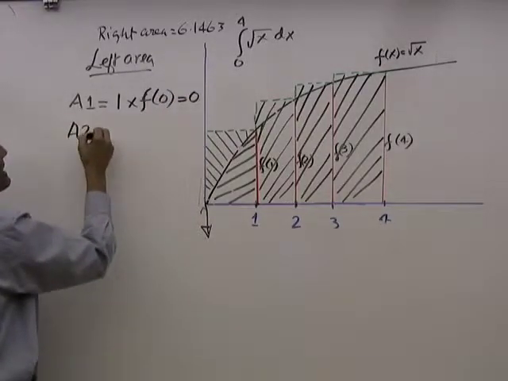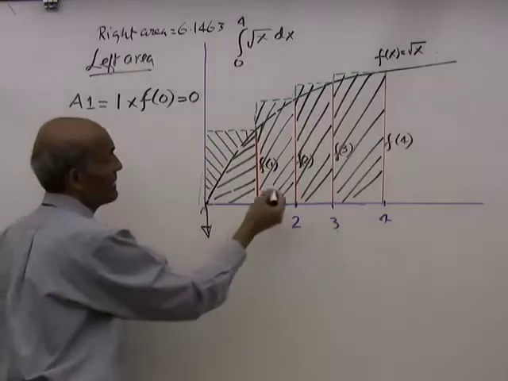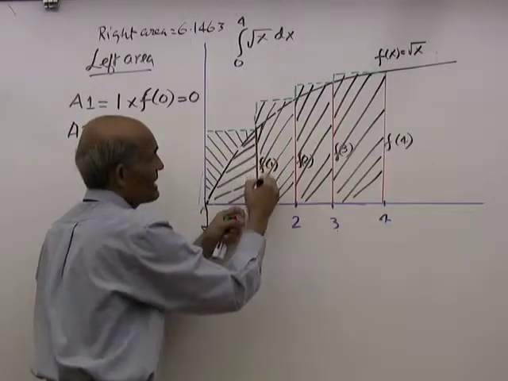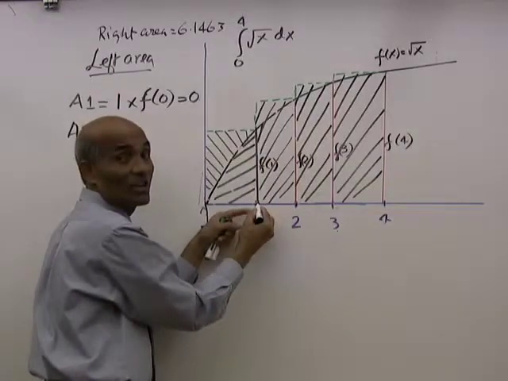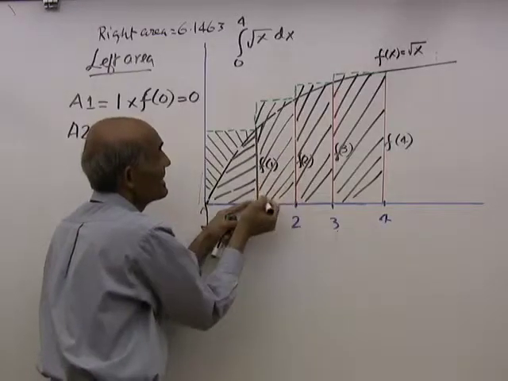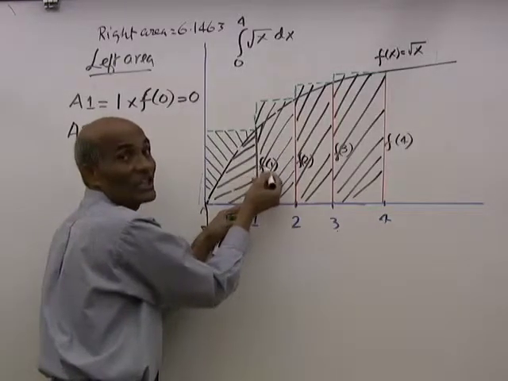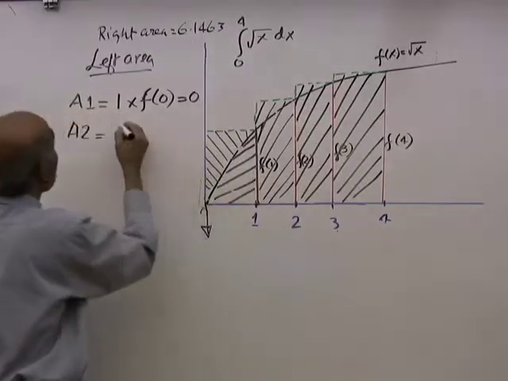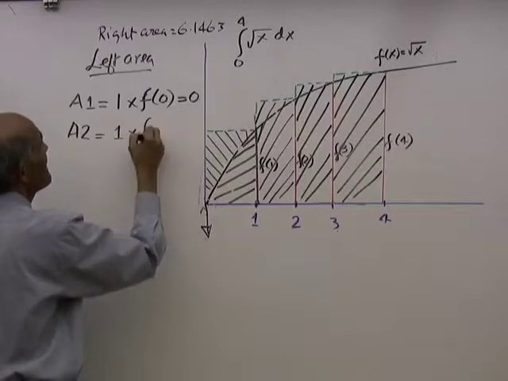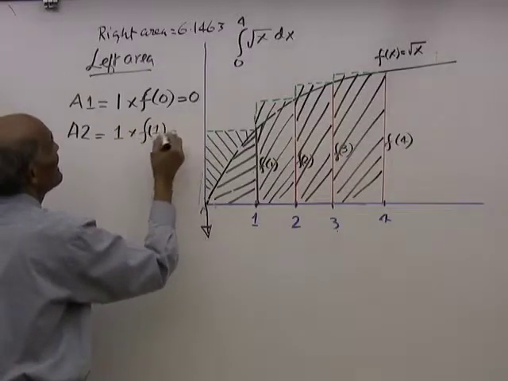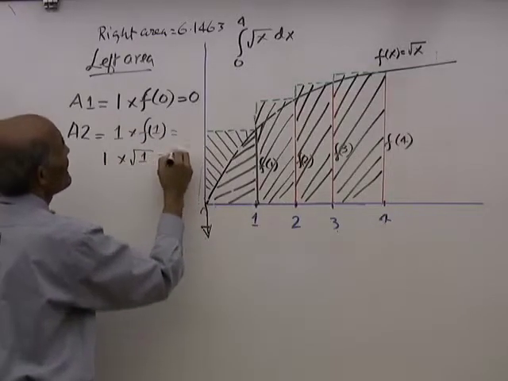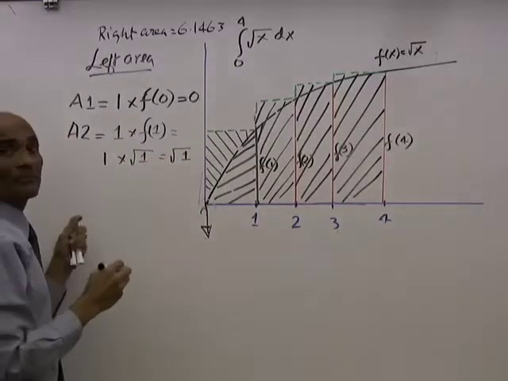How about the second rectangle? When you use the left side there, this is the height of the second rectangle, and that height is f of 1. So that will be the delta x is 1 unit multiplied by f of 1, and that will be 1 multiplied by square root of 1, that is square root of 1.